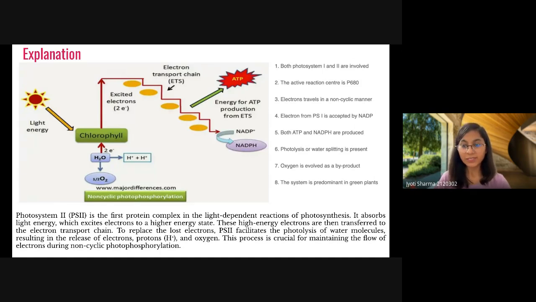Is everything clear till now? Anyone can write in the chat box if everything is clear, or if there is any doubt, then I can explain more about something if it is not clear. Okay, so I'm going to the next question.